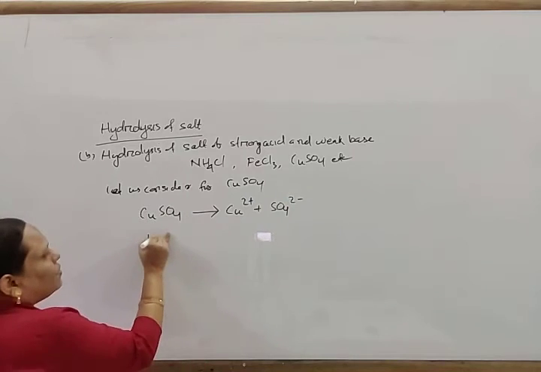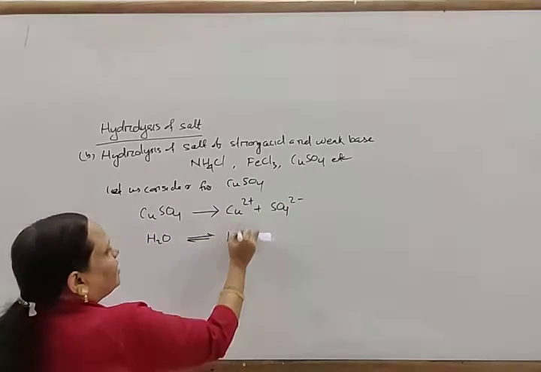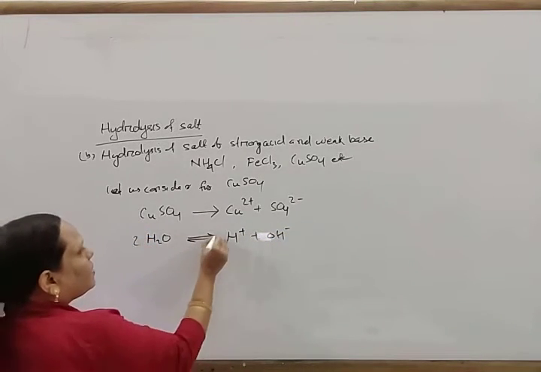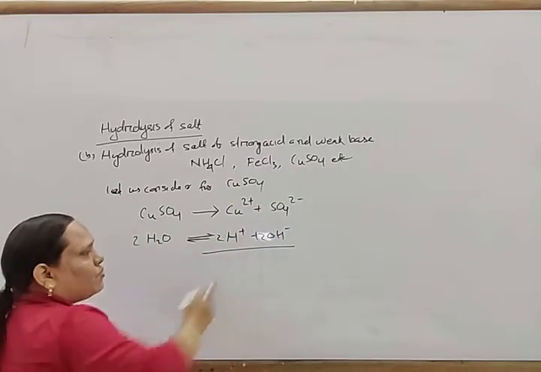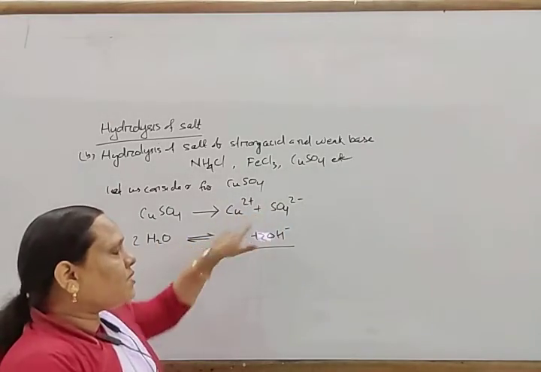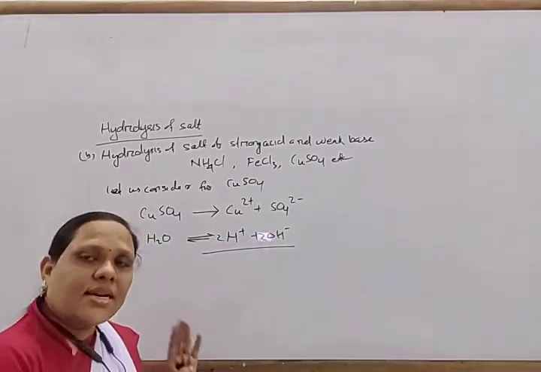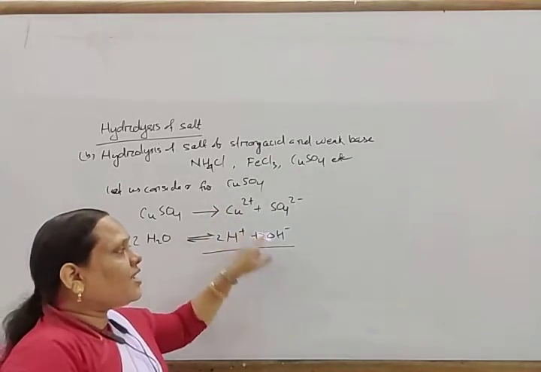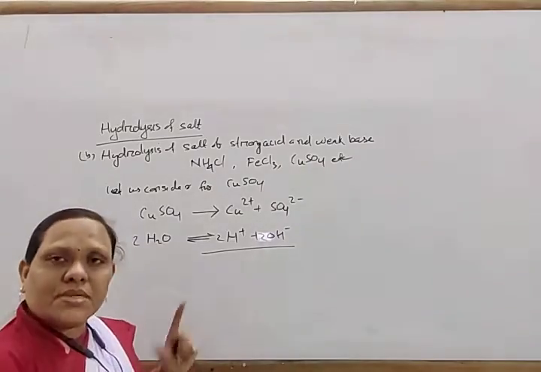Now water, being a weak electrolyte, dissociates slightly to give H+ and OH-. Now look here. H+ and SO4 2- would make a strong electrolyte, so they remain in ionic form. But Cu2+ and OH- can form a weak electrolyte, and as it can form a weak electrolyte, equilibrium is achieved between them.